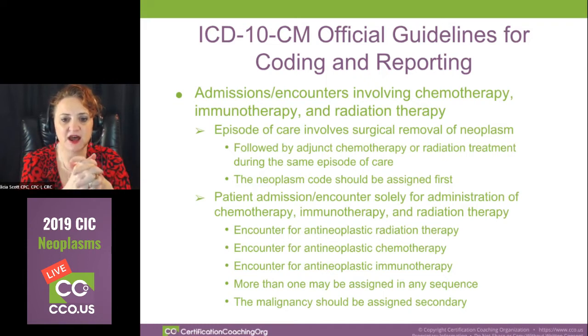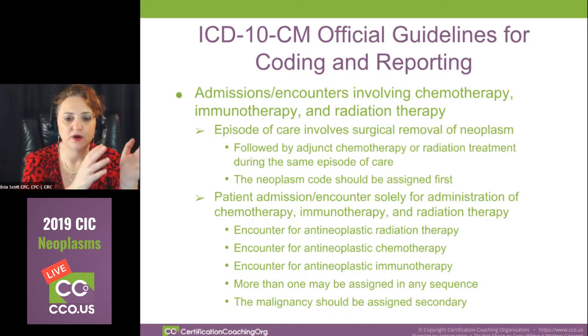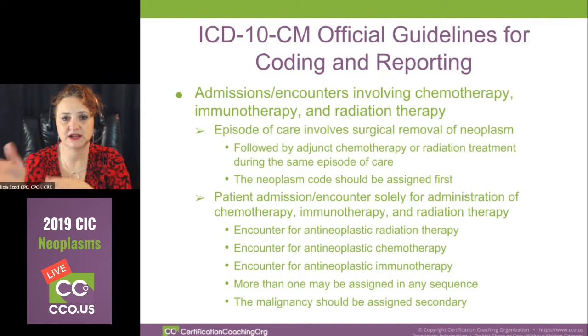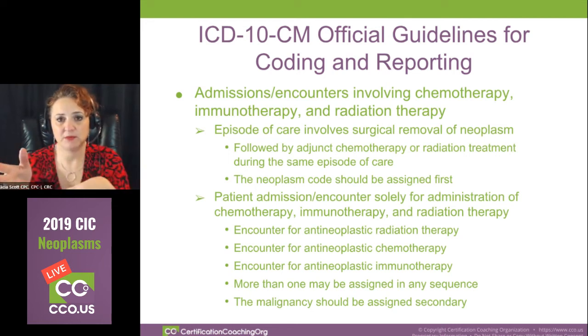And then the malignancy is, why are they being treated? It's an encounter for chemotherapy, and it's secondary brain cancer, or it's immunotherapy, secondary bone cancer, or it's radiation therapy, and it's primary cancer of the lung.